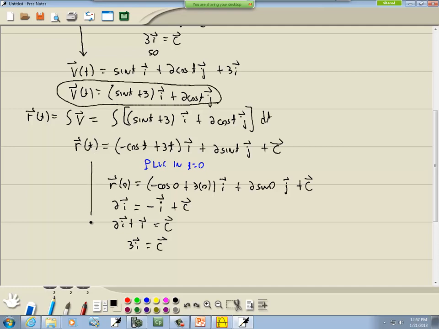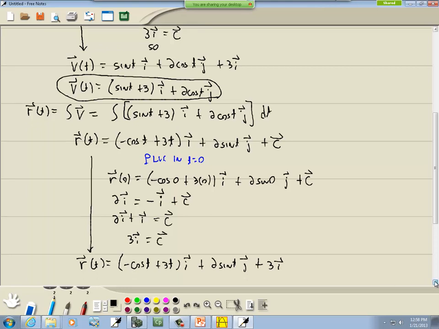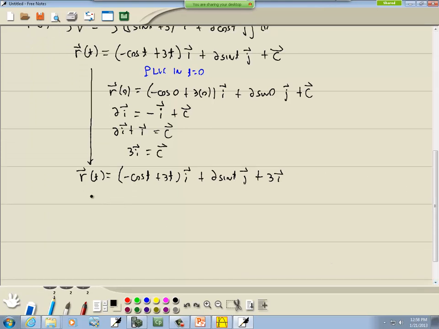Okay, so then our position vector now becomes r is equal to (negative cosine t plus 3t)i plus 2 sine t j, and we replace the constant vector with 3i. Now I want to merge together the i's.